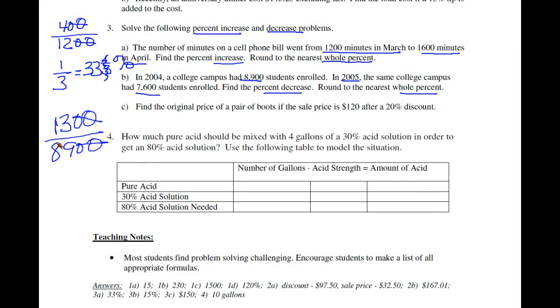So 13 divided by 89 gives me 0.1460, and I need to round to the nearest whole percent. So I need 2 places in my answers, so this is going to add 1 here. So this becomes 15% was the amount of decrease, and that's what they have. I guess it's right there. Perfect.